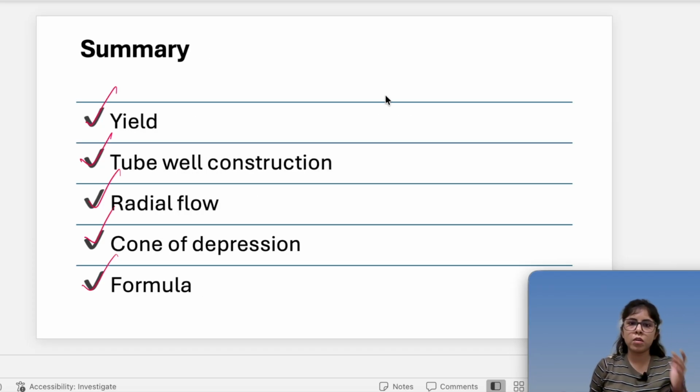So this is how we have completed our sources of water. I hope you understood this. In the next topics we are going to discuss quality of water. So be with us and let's study.